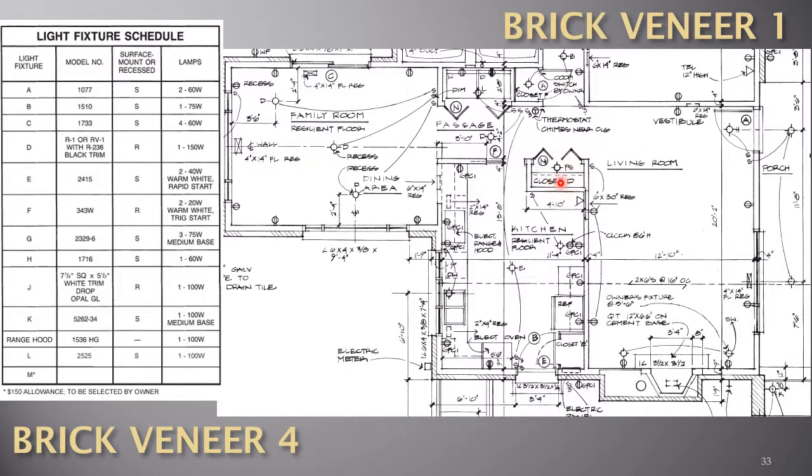Now, I have taught this class a number of times, and I have yet to find C, F, and G lights. So again, what happens when you're looking for the E light and you can't find it? Ask, coordinate, ask the questions.